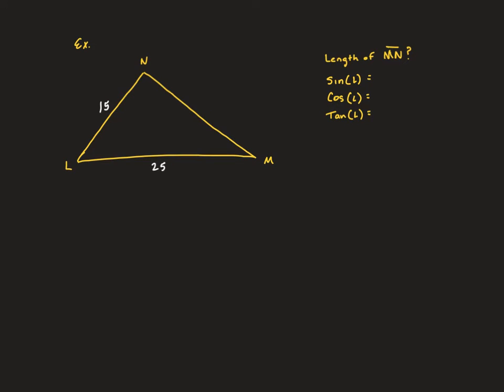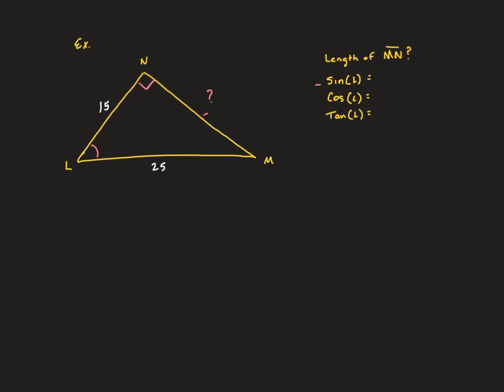Now, when we talk about sine, cosine, and tangent, what is the length of MN right here? Well, if I look at that, I'm going to have to make some assumption here that that's 90 degrees because we're working with sine, cosine, tangent. And so, what is segment MN? This segment is dealing with this angle possibly.